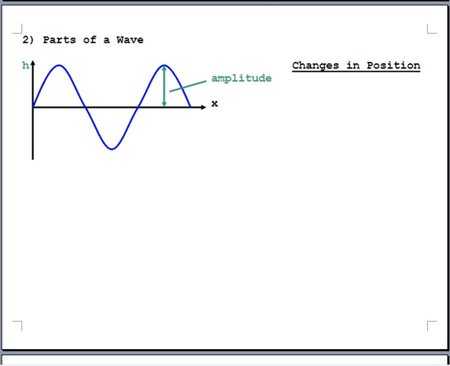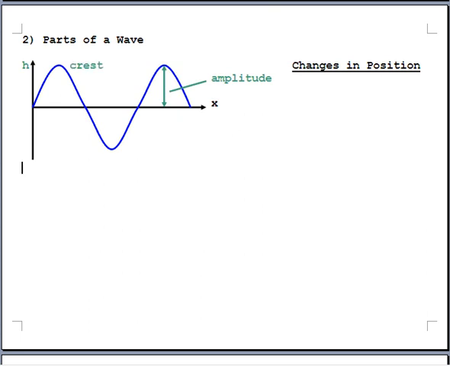So we don't really want to call it the size of the wave because we're going to see that there's another way that we could measure a dimension of that wave. But amplitude is sort of how high or above the tops or the bottoms of the wave extend from 0, the x-axis. In terms of a sound wave, that would be like your volume. So the louder a sound wave, the larger the amplitude.